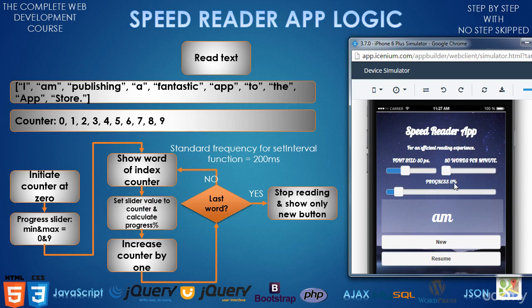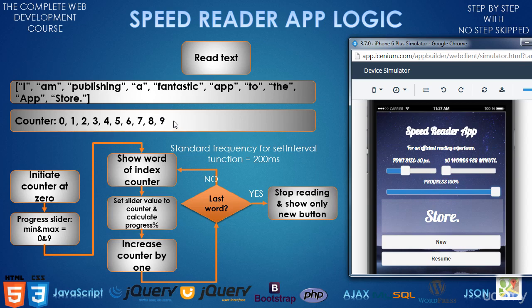And we're going to calculate the progress. So every time we calculate the progress. At the beginning, the progress was 0. And now the progress is going to be 11%. So to calculate our progress, we're going to use the value of our counter. And if we divide the value of the counter by the number of words, at the end, once we get there, the counter is going to be 9, but the number of words is 10.